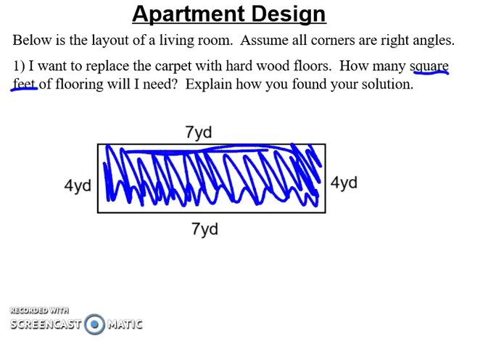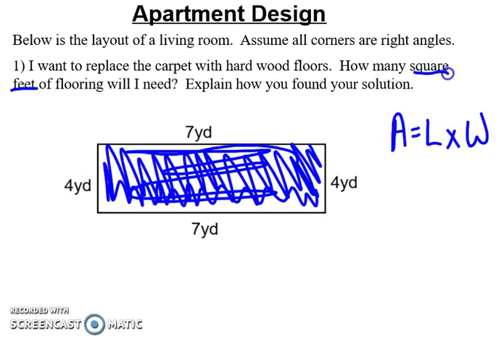That helps me recognize I'm looking at area, and I know that the area of a rectangle is length times width. All right, now the thing is, they want square feet and I have yards. So I need to convert each of these from yards to feet.